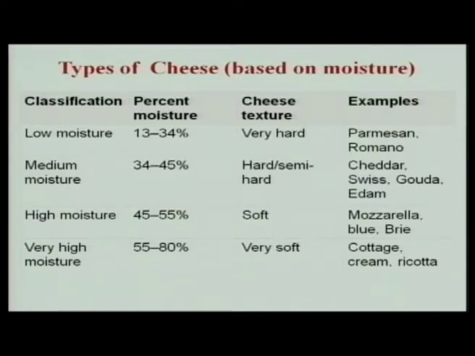And high moisture or soft varieties, fresh mozzarella, blue cheese or brie cheese, have moisture around 45 to 50%. Then very soft varieties are the fresh cheeses or unripened cheeses, in which we have cottage cheese, cream cheese and ricotta cheese.